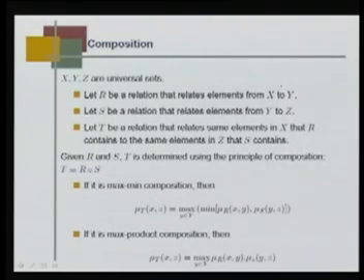So, T is the relation that relates the same elements in x that R contains to the same elements in z that S contains. The Cartesian space here is x times z. So, this we can do.